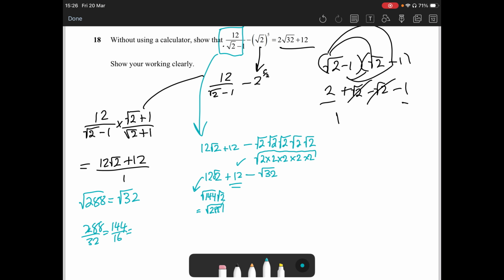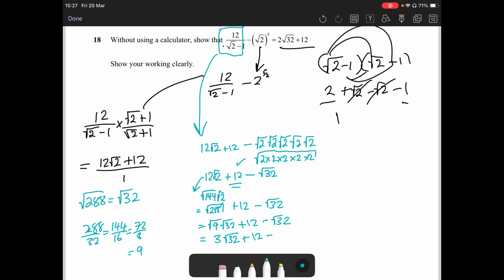I can halve it again, which would be 72 over 8. And 8 goes into 72 9 times. So root 288 is the same as root 9 times root 32, which is 3 root 32, sorry. So look, I've got all of these workings, plus 12 root 32.